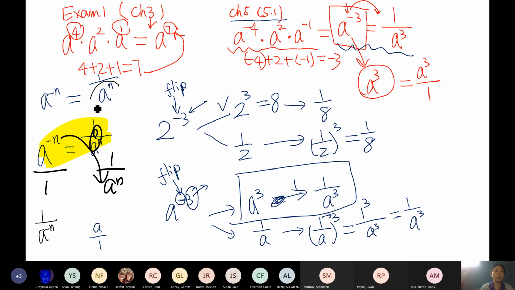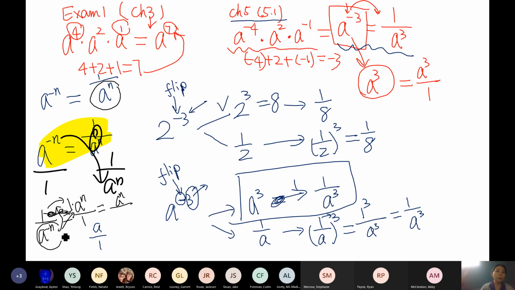So if a to the negative n is already in the denominator, when you do the flip, you're going to flip it to the top. It's going to become positive. Originally, we have 1 on the top. When you flip the bottom to the top, you get 1 times a to the n, but it's not going to change the top. So it's going to stay as a to the n.